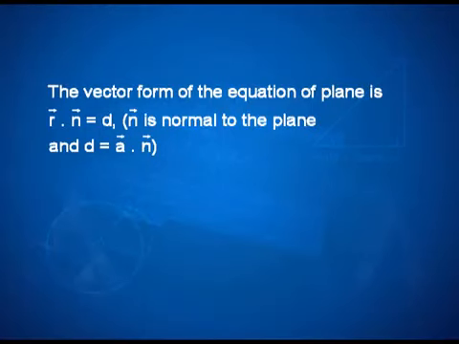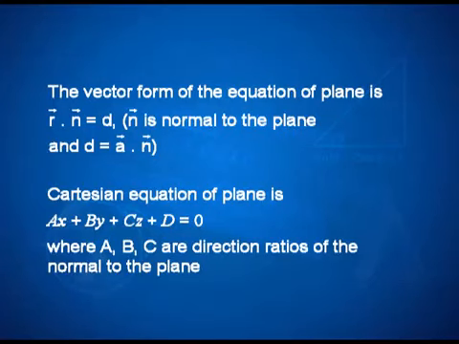If we revisit the two things that we have discussed so far, the vector form of the equation of the plane is given as vector r dot vector n equal to d. Now, vector n is a normal to the plane and d is that quantity that would simplify if you find vector A dot vector n. In Cartesian, after simplification, the equation of the plane in general will always simplify down to a linear equation in x, y and z in the form ax plus by plus cz plus D equal to 0.